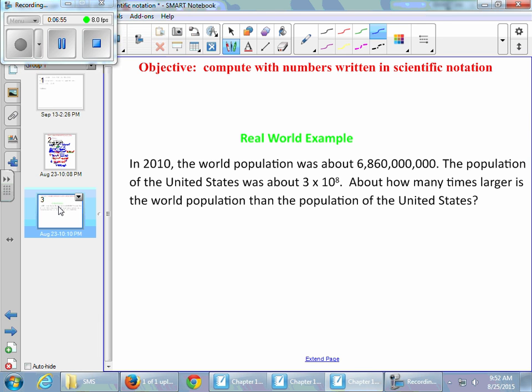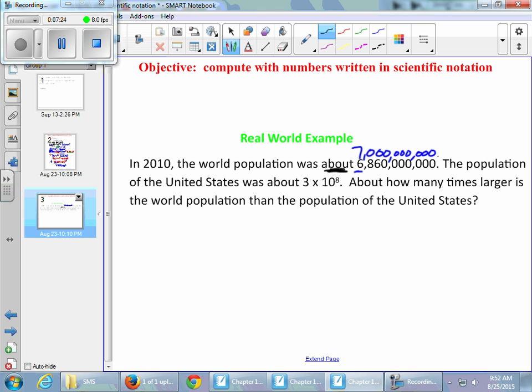We're going to change the 6 billion, we're going to estimate it, we're going to bump it up to 7 billion. But we're going to write it in scientific notation. First you estimate it. When you see about, that's about estimating. Okay, now we're going to change it to scientific notation.